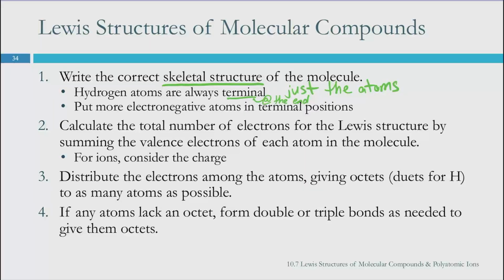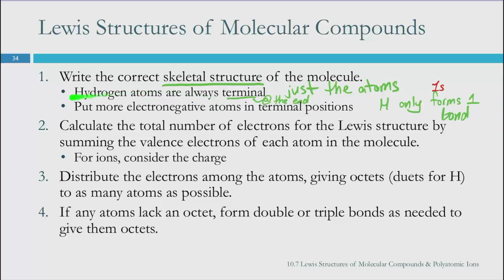The reason that hydrogen atoms are always at the end is that hydrogen only forms one bond. Hydrogen, being in our row 1, n equals 1, only has access to the 1s orbital. 1s can only have 2 electrons in it. One bond is 2 electrons, so hydrogen can only have 1 bond.